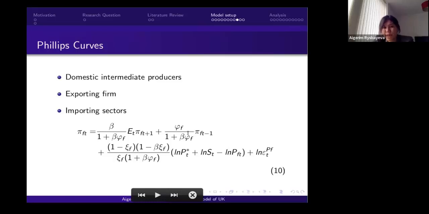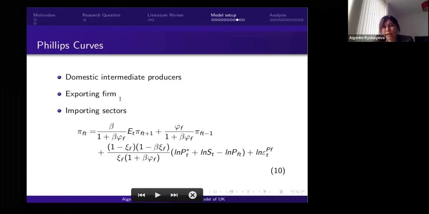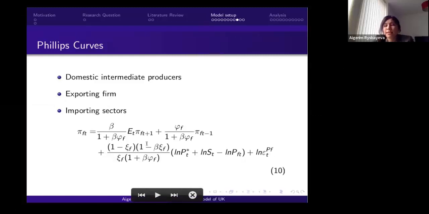So from this, we can see that the price rigidity affects the pass-through degree a lot, just from these equations. We have in our model four Phillips curves: two for the importing firms and two for the domestic firms. Everywhere this price rigidity parameter is quite important. We also have the price index.